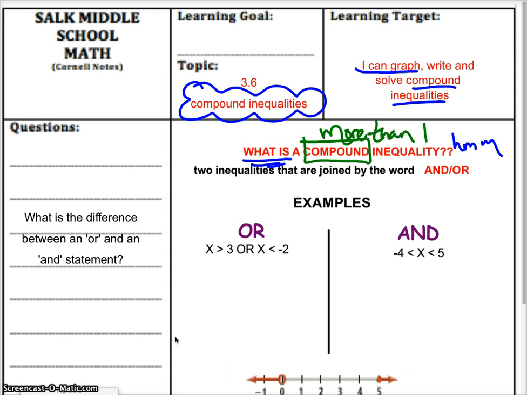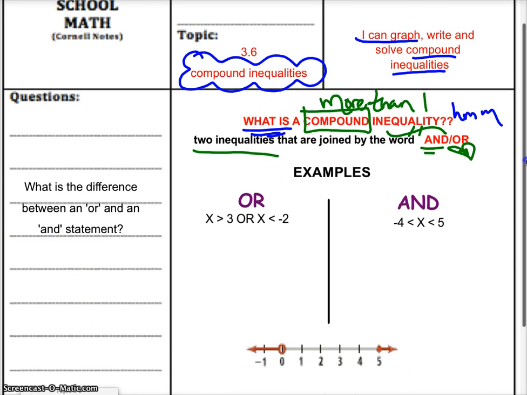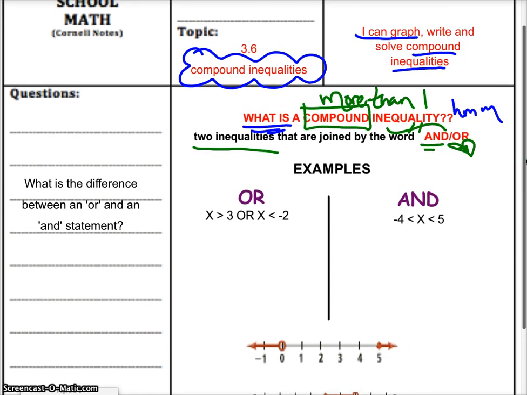So then I can think, well, a compound inequality would mean more than one inequality. And that's exactly what it is. A compound inequality is two inequalities that are joined by the words and or. So you have two words that connect them. It's either going to be an and statement or an or statement.